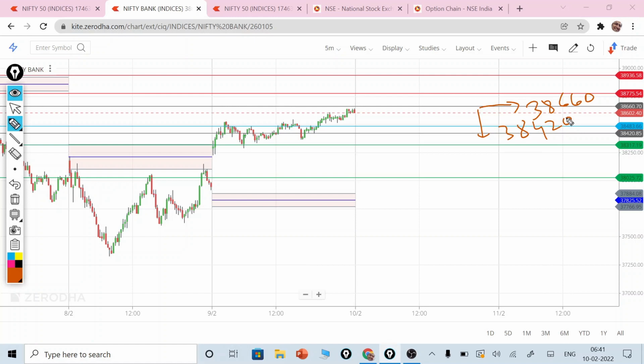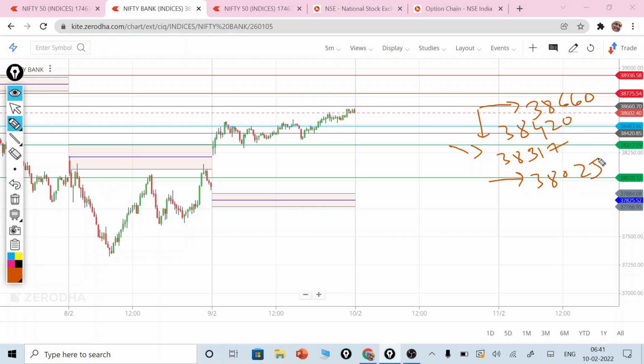If Bank Nifty breaks 38,420, there is a chance that the next support is 38,317, and the second support is at around 38,000, around 38,025. So what is your strategy for Bank Nifty today?